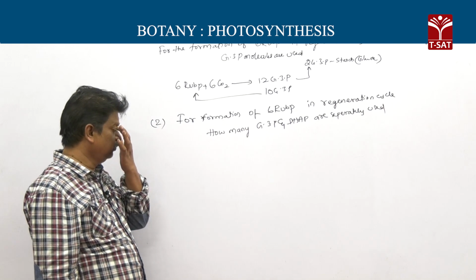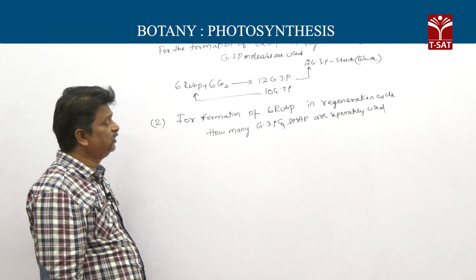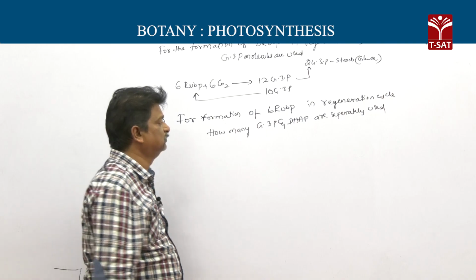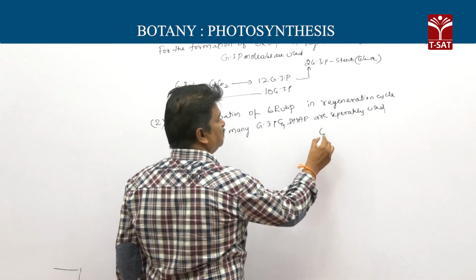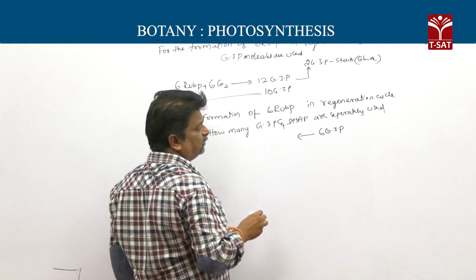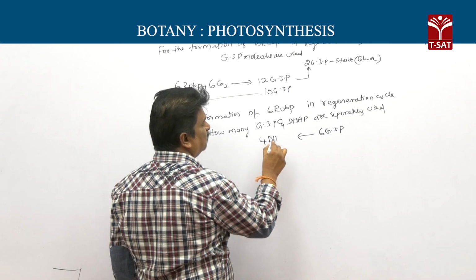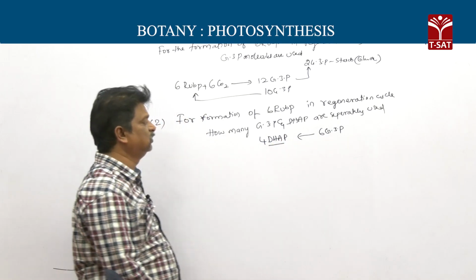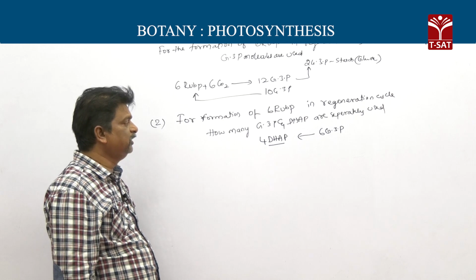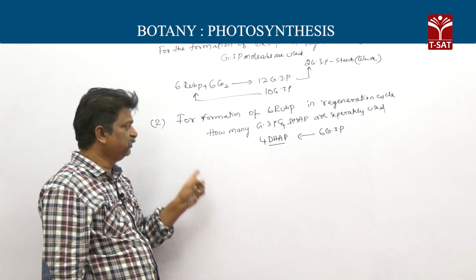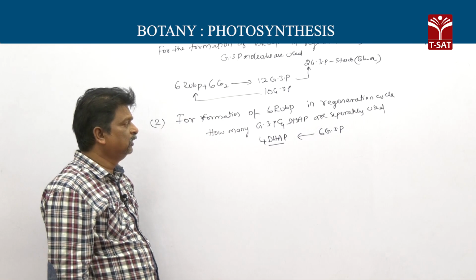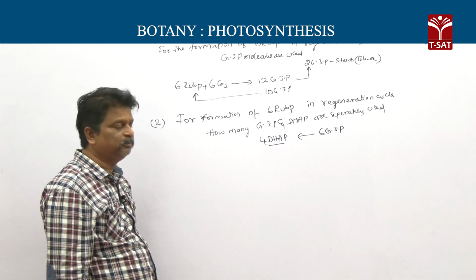How many G3P and DHAP are separately used? Total 10 G3P are used, but out of 10, 6 G3P are directly used for regeneration of 6 RuBP and 4 molecules of DHAP. Out of 10, 4 molecules of G3P are isomerized to 4 DHAP and the remaining 6 G3P are directly used. So, the answer is 4 DHAP and 6 G3P.